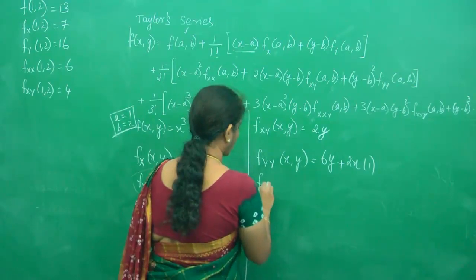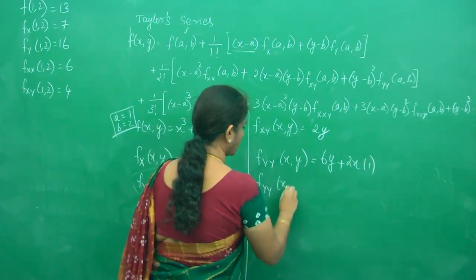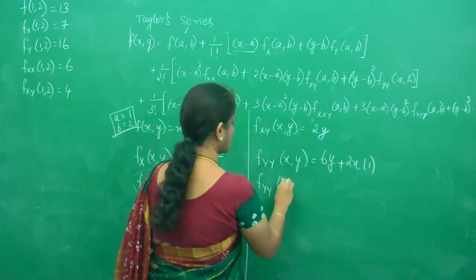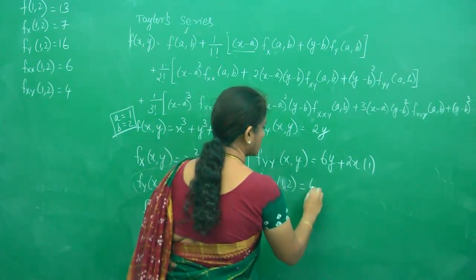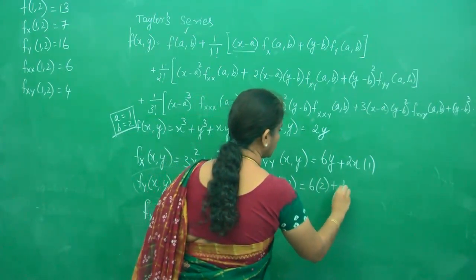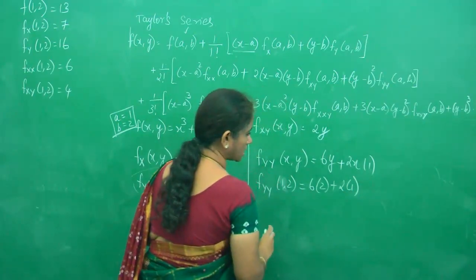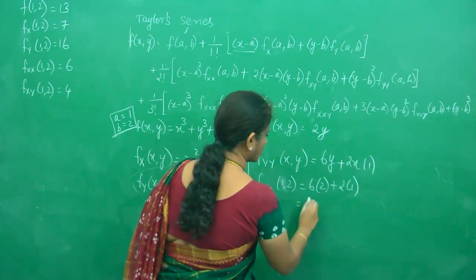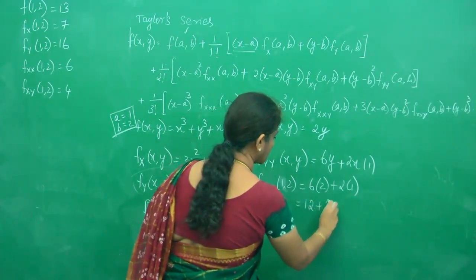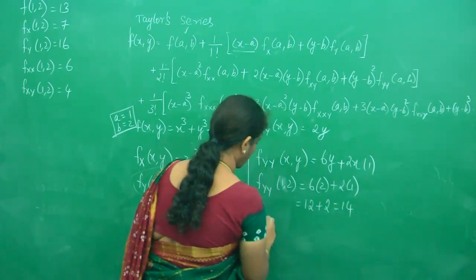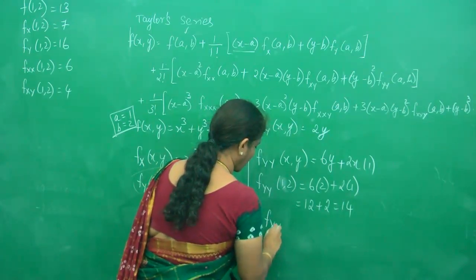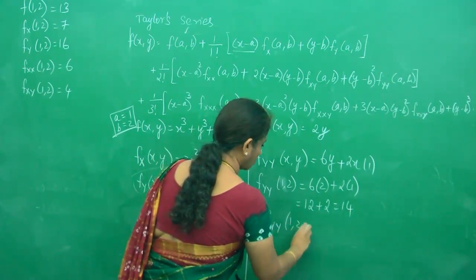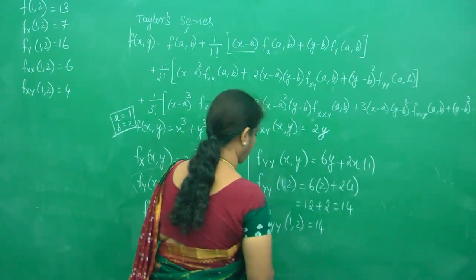So now I require fyy of 1, 2, which is 6 into 2 plus 2 into 1, because x is 1 and y is 2. So this is 12 plus 2, which is 14. So fyy of 1, 2 is 14.